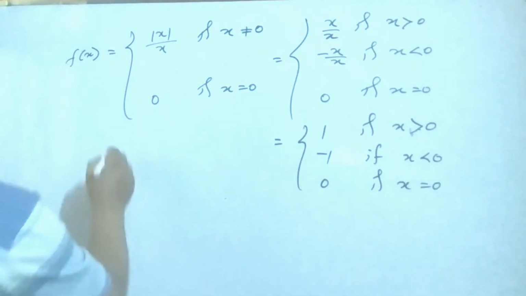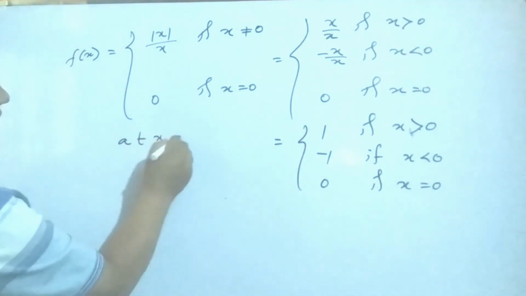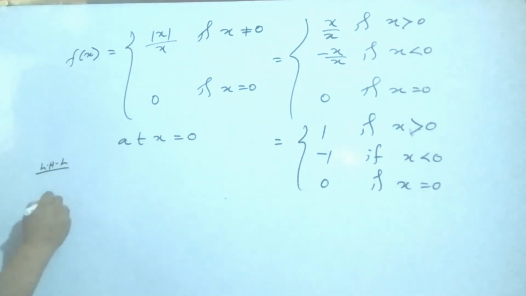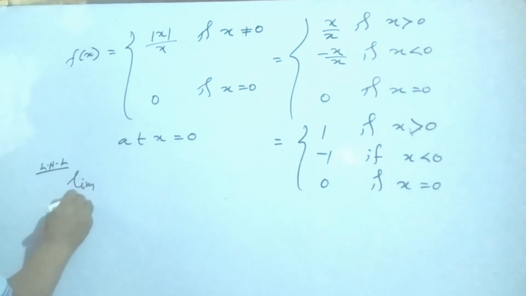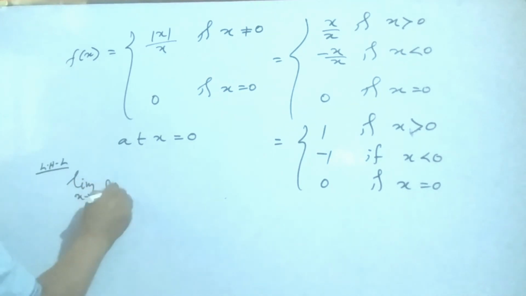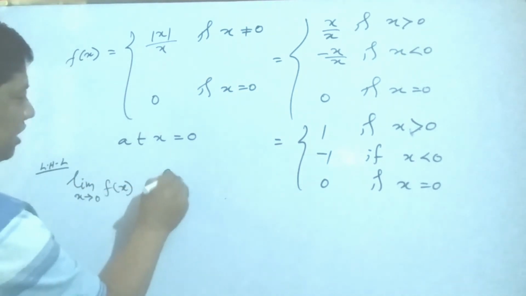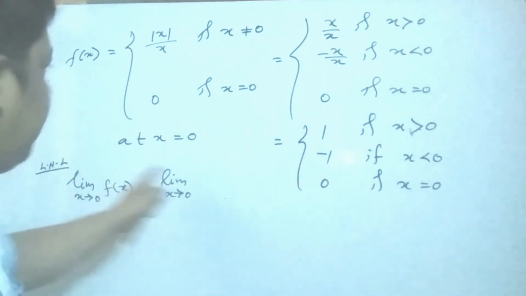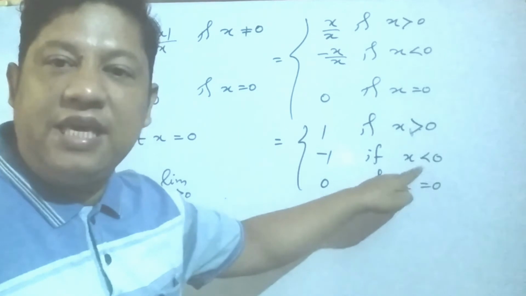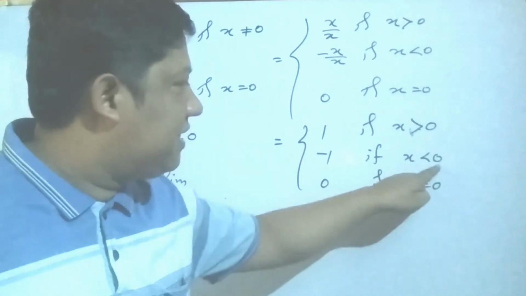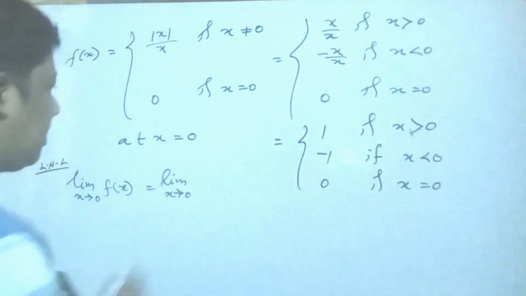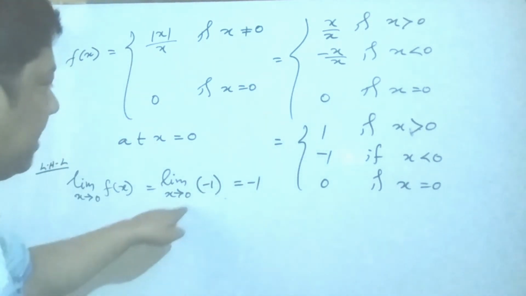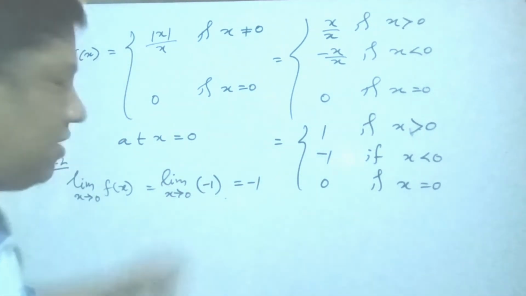Now, suppose to find the limit at x equal to 0, then in case of the left hand limit, limit x tends to 0 minus of f of x. In case of the left hand limit, you use this because x is less than that particular point. So you get minus 1, equal to minus 1, because there is no x to substitute.